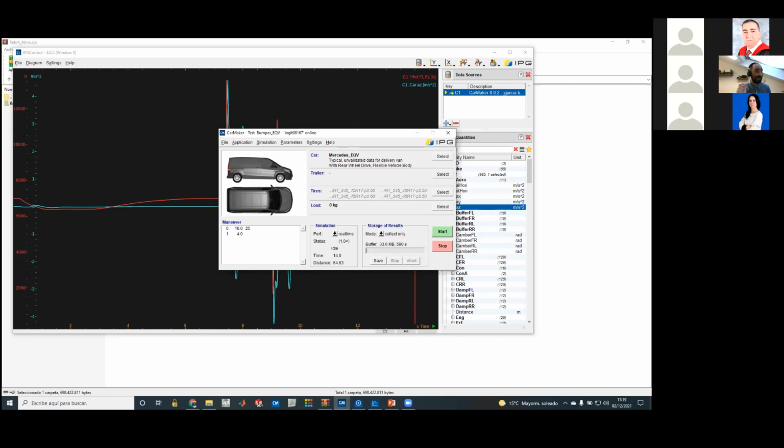If I do this, I will be able to evaluate the change in the dynamic behavior of the system. So regarding the critical damping, as you mentioned, on the one hand, the natural frequency of the vehicle is going to change, but also the critical damping of the system is going to change. So the overall dynamic behavior of the vehicle will change if I load or unload the vehicle.